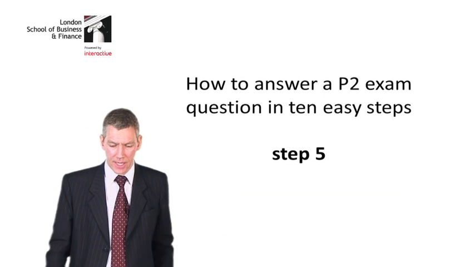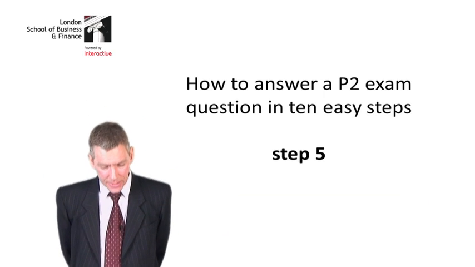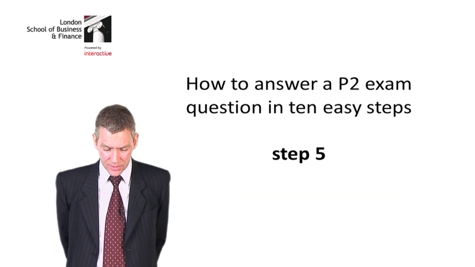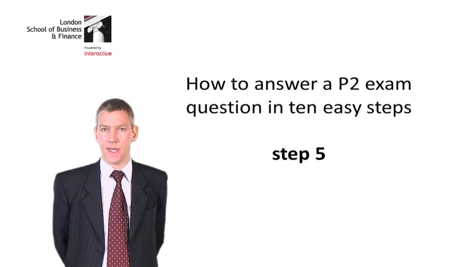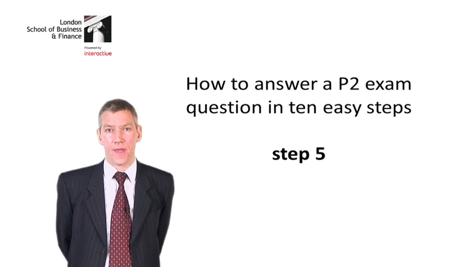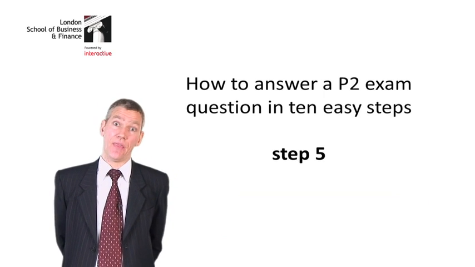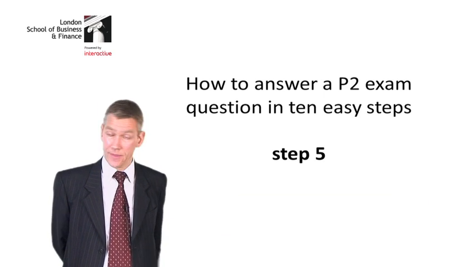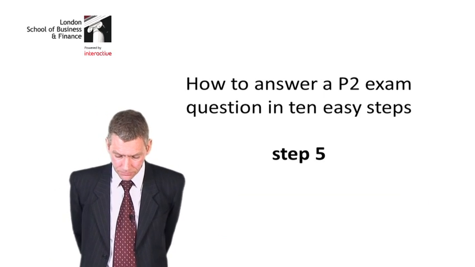So I just want to read it again. Kate had carried out an impairment test in respect of its investments in accordance with the procedures in IAS 36. And your answer is going to be, no they haven't. They haven't followed IAS 36, and they should follow IAS 36. And that's going to be the basis of your answer.